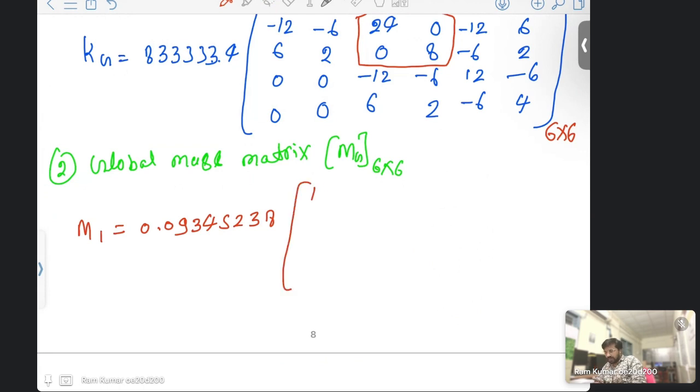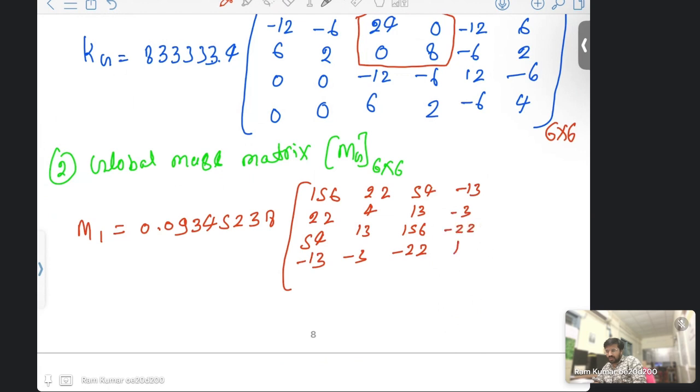Then it will be 156, 22, 22, 54, and 30, 4, 30, minus 3, 54, 13, 156, minus 22, 4 plus 4. Similarly, M2 will be equal to M1.